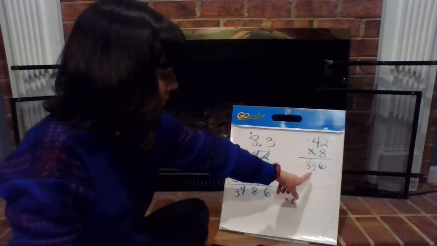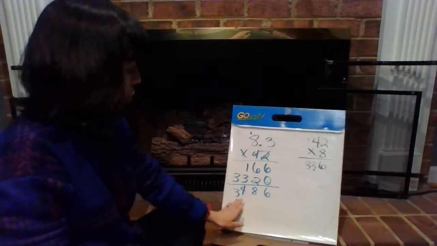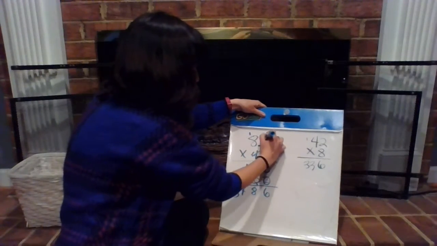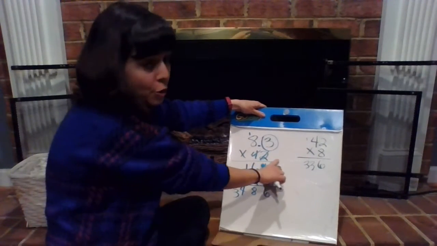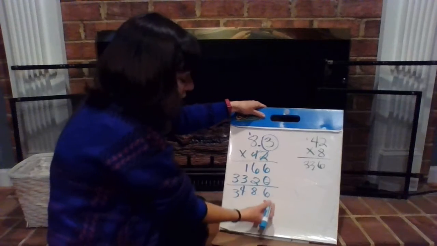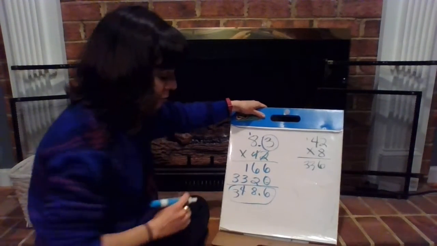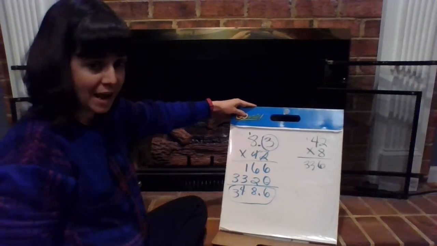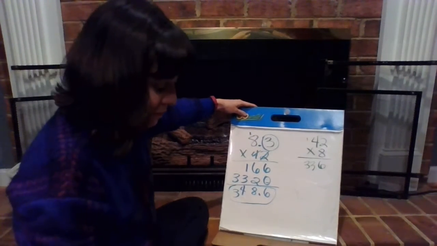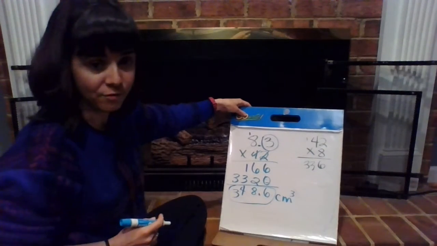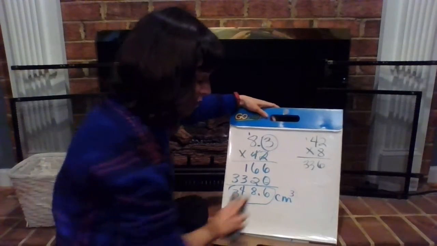And if I was going by my estimation, I can see where the decimal should go, but I can also count that there's one place after the decimal. There's no places after the decimal here, so my product will have one place after the decimal. So for Monday number 1, you should have 348 6/10 centimeters to the third power, or cubic centimeters if we're talking about volume, okay?